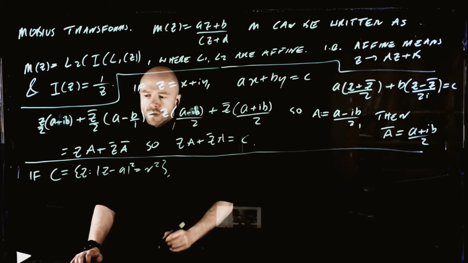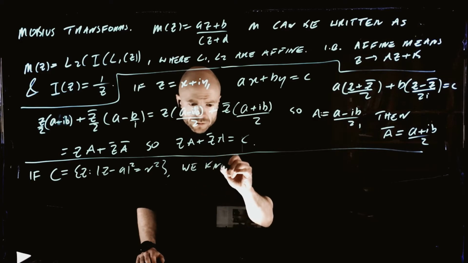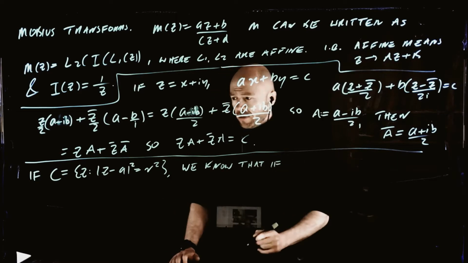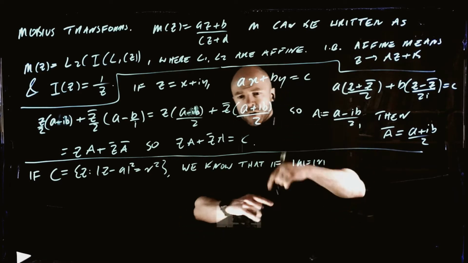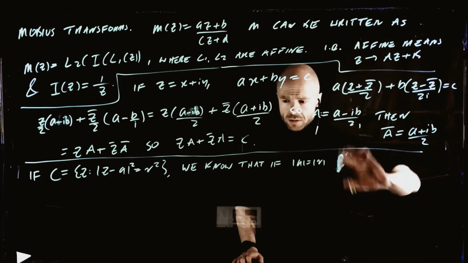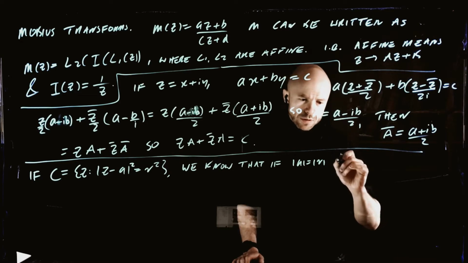That's the general equation of the circle. So we know that if mod a equals mod r, then it's going through 0, and then it's actually transformed into a line. That's what we've seen before.